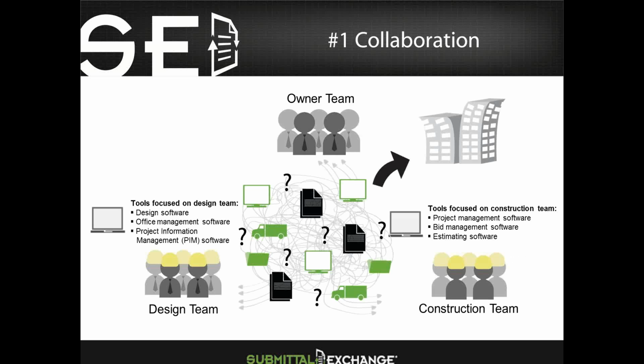So here you can see the pitfalls of these traditional methods at work. Each team has their own internal way of managing information. There's no single method for the entire project team, and the method for each individual team, whether that be the owner team, the design team, or the construction team, can vary greatly. Some teams may still be using mail or shipping services.